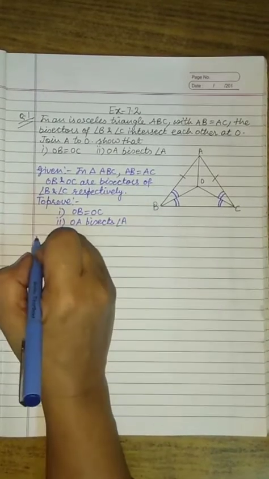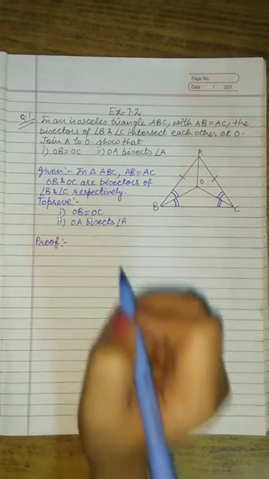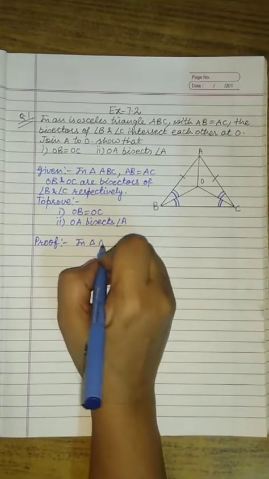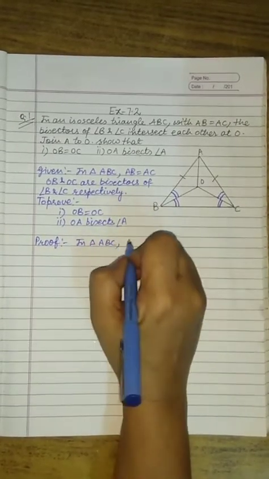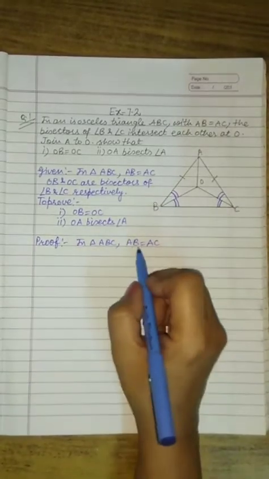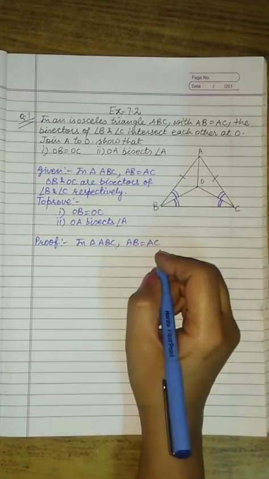Now how we are going to prove it? As we are given in triangle ABC, AB is equal to AC. Now if AB is equal to AC, so their opposite angles will be equal.